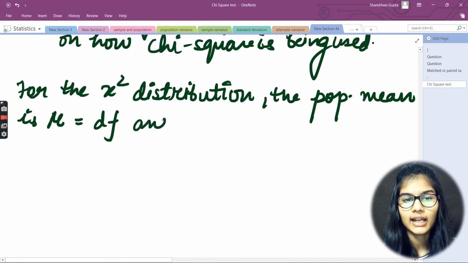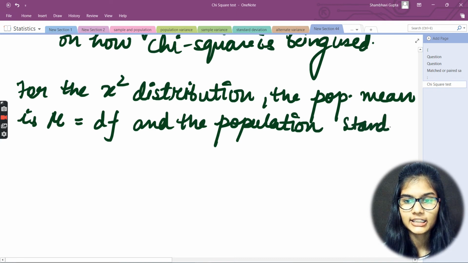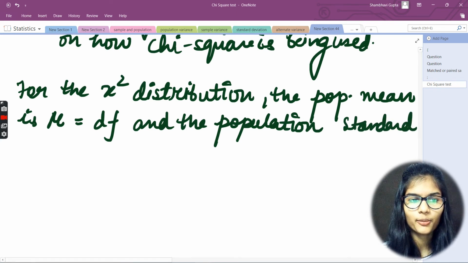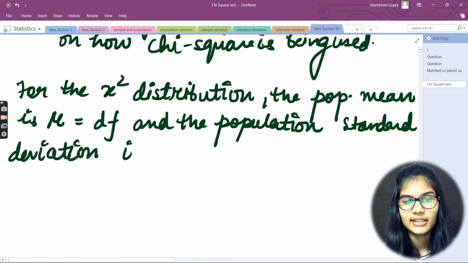And the population standard deviation is sigma is equal to the square root of 2 multiplied by df.